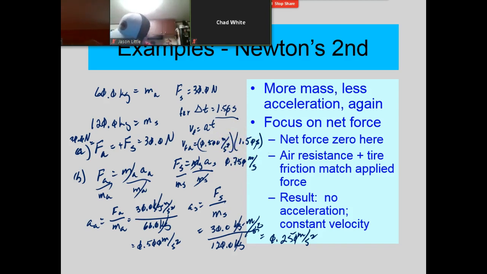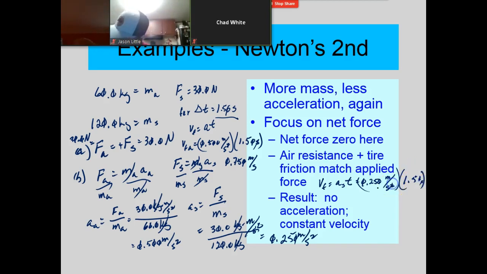Okay, I've got to do the same for the spacecraft. V final for the spacecraft is the acceleration of the spacecraft times the delta T, which is the same, and that's equal to 0.250 meters per second squared times your time interval, 1.50 seconds.